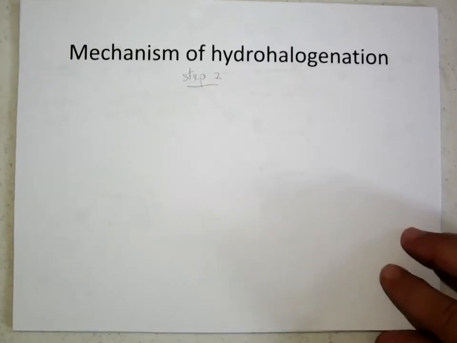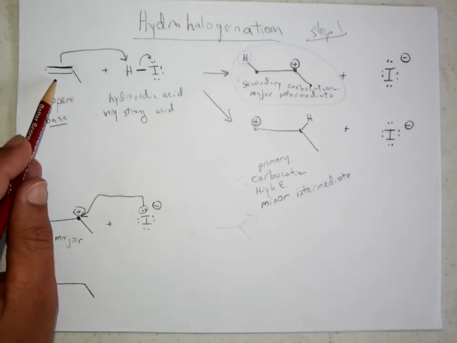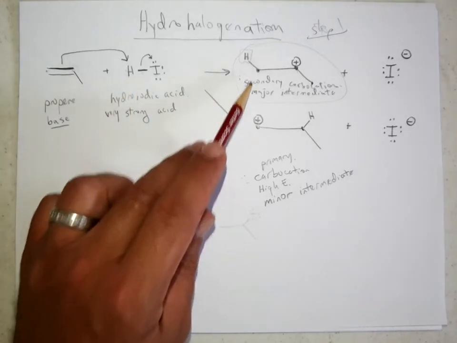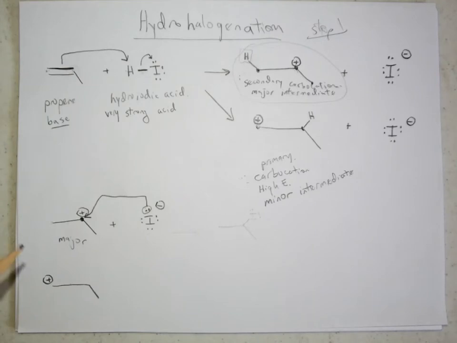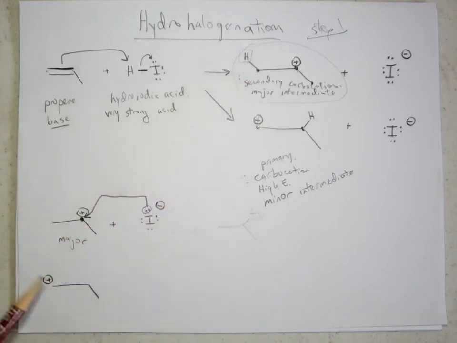So last time I had talked about hydrohalogenation and how protonation of propene can give you one of two different carbocations, and in a large mixture of lots of molecules of propene, you'll get some primary carbocation and some secondary carbocation.